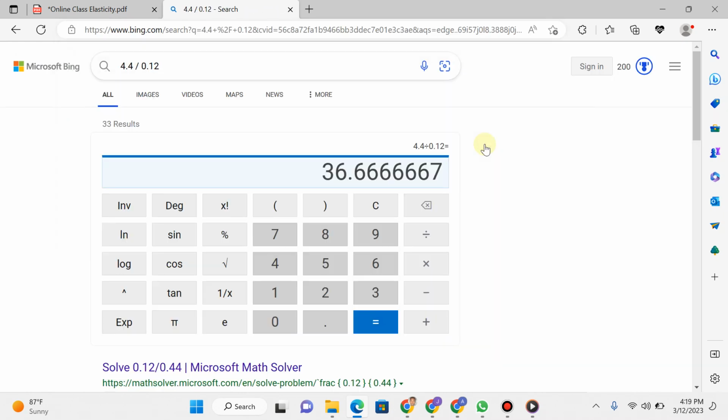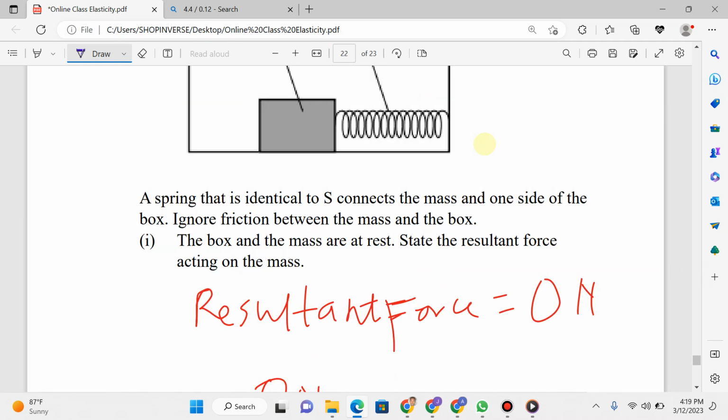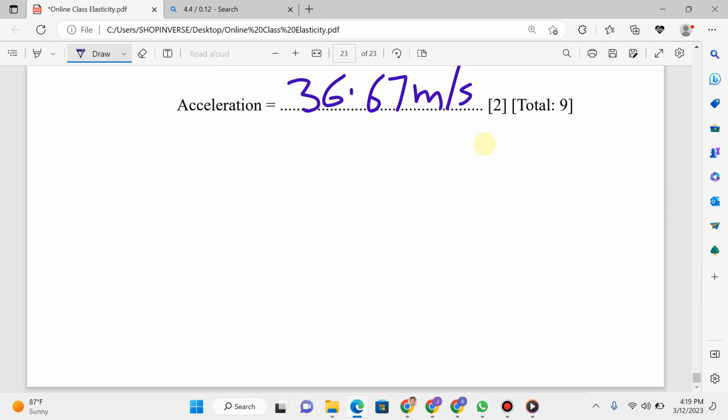This gives us 36.67. So our answer is 36.67, and that is the acceleration, 36.67 meters per second squared.